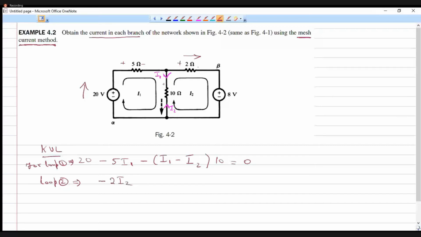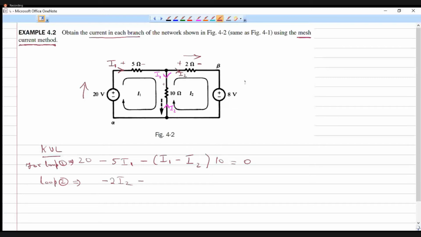Because we are traversing in this manner, I2 is now flowing like this, and here I1 is flowing like this. So I2 is entering this at the plus terminal, so I have to put minus here because we are traversing from plus to minus across this resistor, where voltage drop is happening. So I have to put minus 2I2.